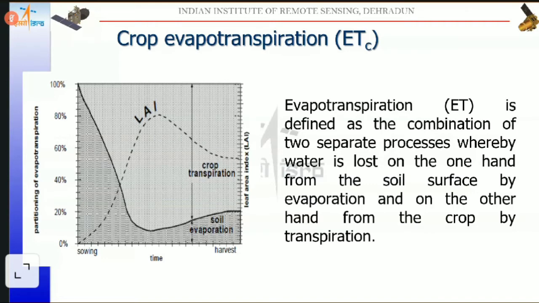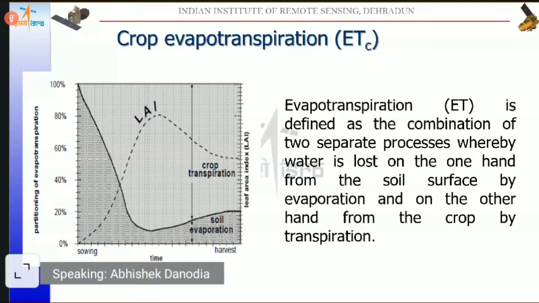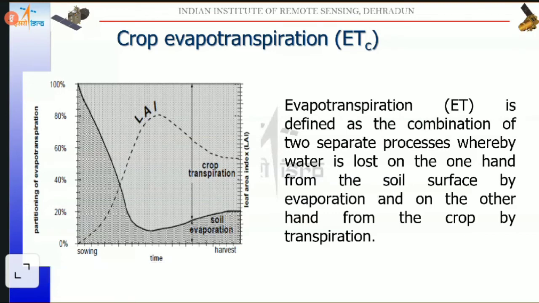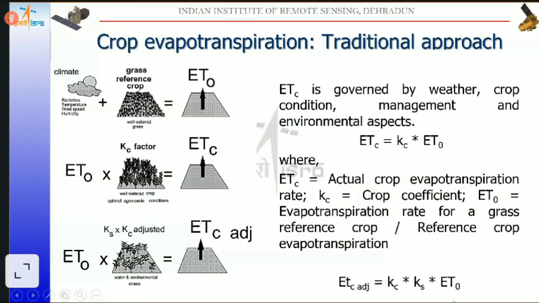Evaporation and transpiration behave oppositely because, as the crop grows, the exposed fraction of the soil decreases as the crop area increases. So the figure clearly shows how evaporation and transpiration move with the crop growth.